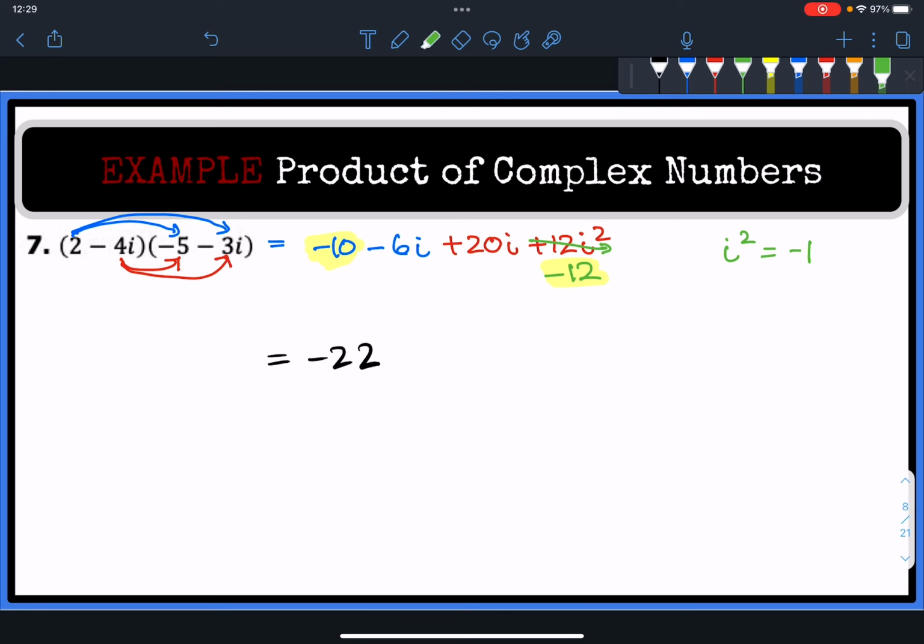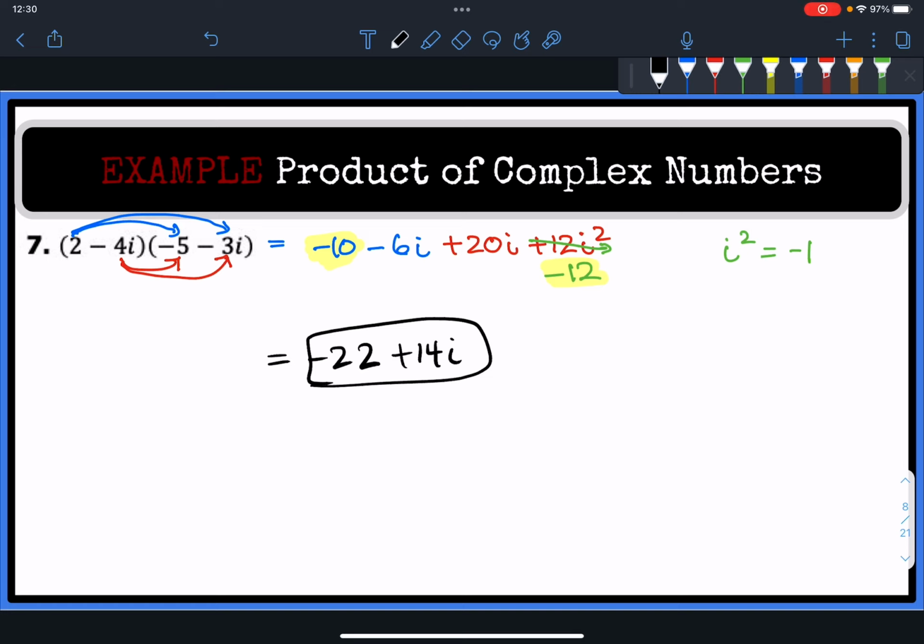Combining again the imaginary parts of the complex number, that's going to add up to a total of positive 14, since we end up combining a negative and a positive. And here is my solution.